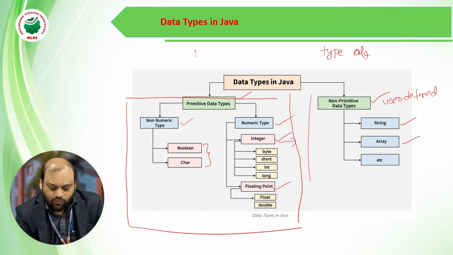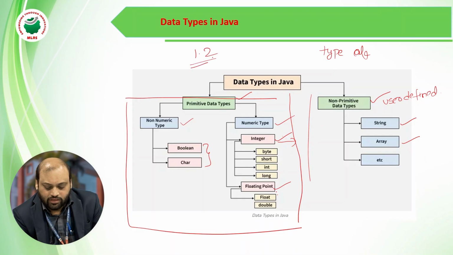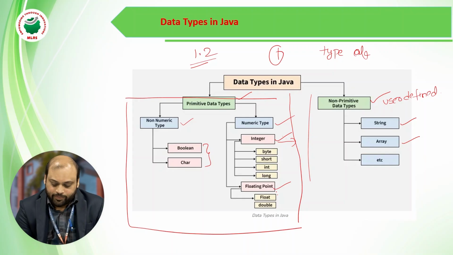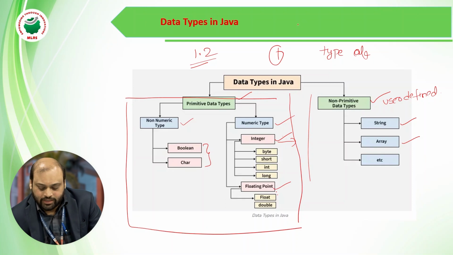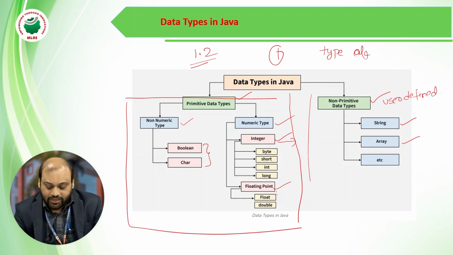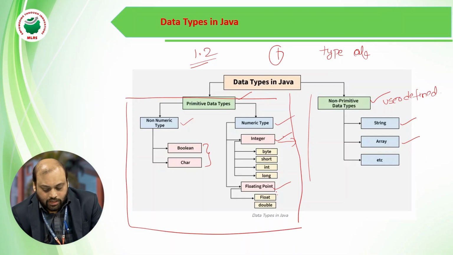For example, 1.2 is floating point and 1 is integral. If there are decimal points, it is called floating point. If there are no decimal points in the numerical data, it is called integral. The integral data is again divided into byte, short, int, long. The floating point is divided into float and double.